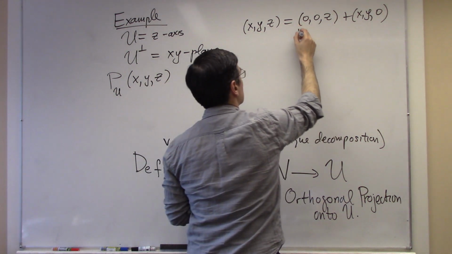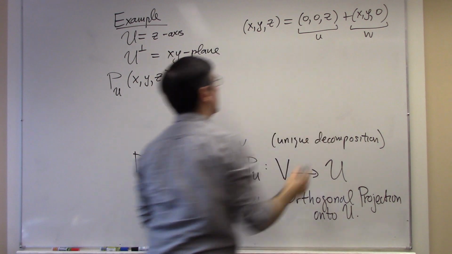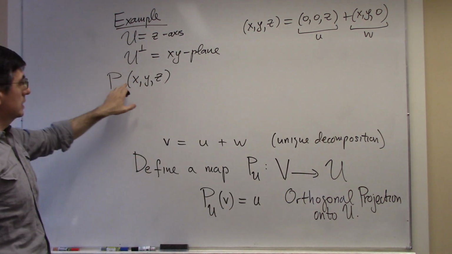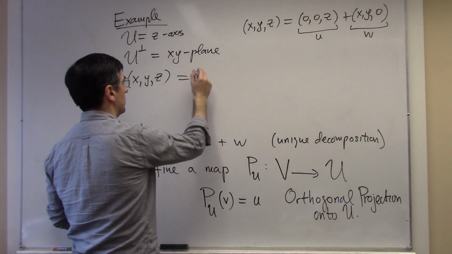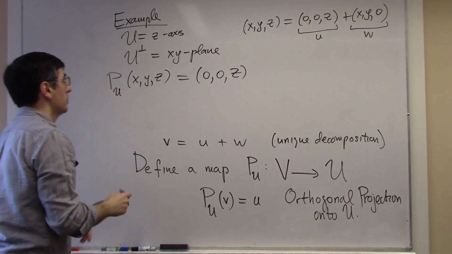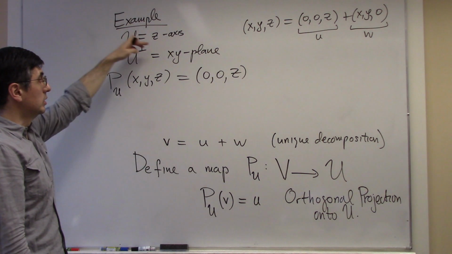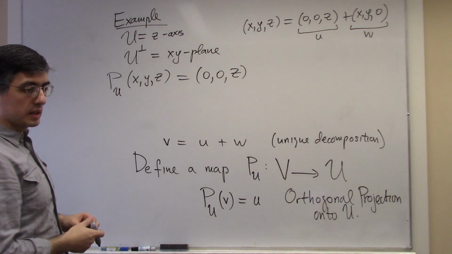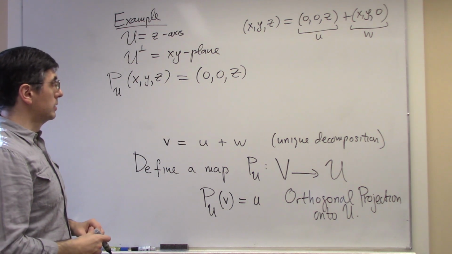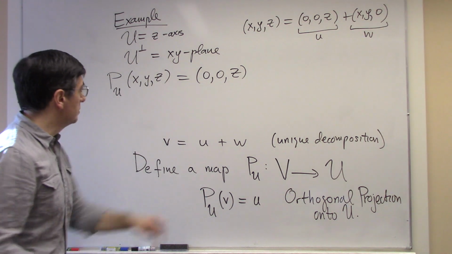So this is my U and this is my W. This map takes (x, y, z) and sends it to (0, 0, z). So this is a map from R3 to U, and in this case U is the z-axis, so you get a fairly simple map. You're forgetting the first two coordinates. That's this P for this case.